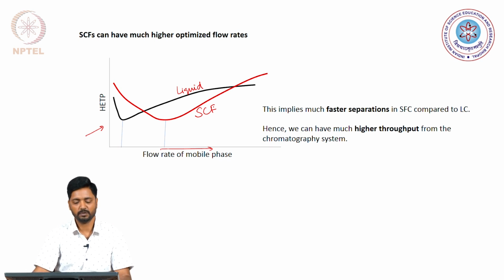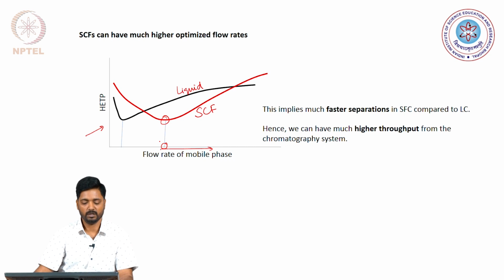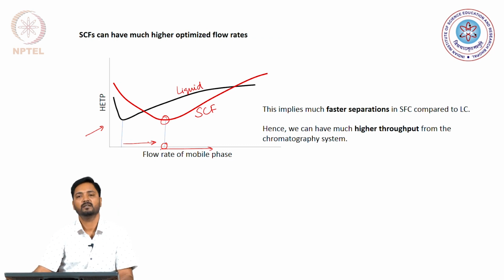So, the liquid chromatography profile is shown as the black curve, while the supercritical fluid chromatography is shown as the red curve. And what we observe is that we can achieve similar plate height values in both the conditions, but in the supercritical fluid chromatography the most optimum flow rate with the lowest value of the plate height comes much ahead than that for the liquid chromatography state.